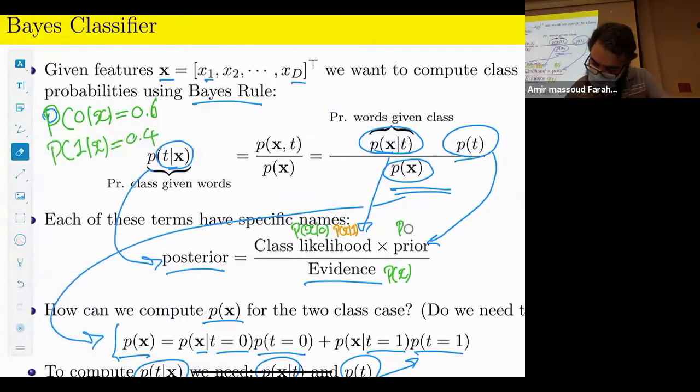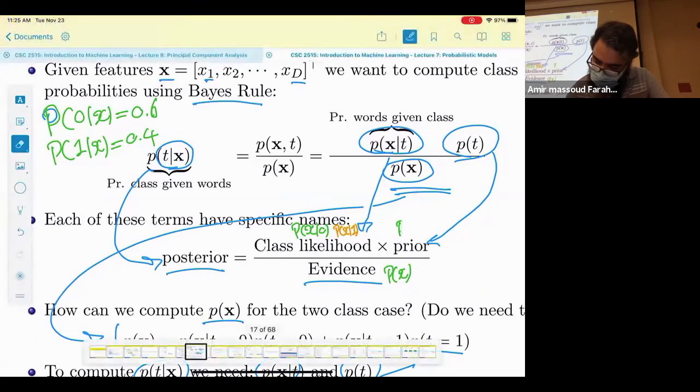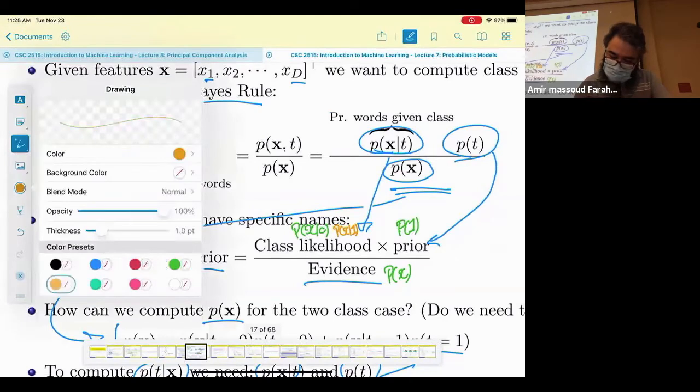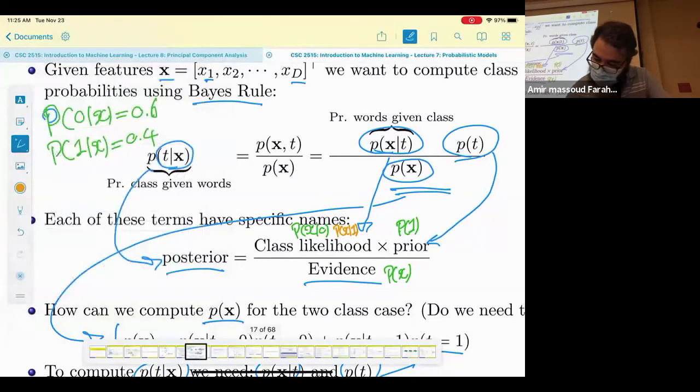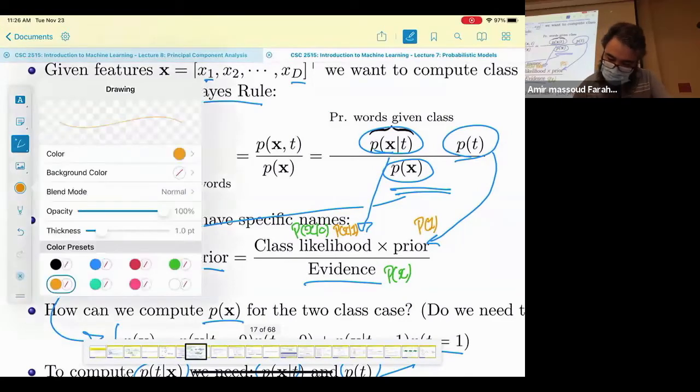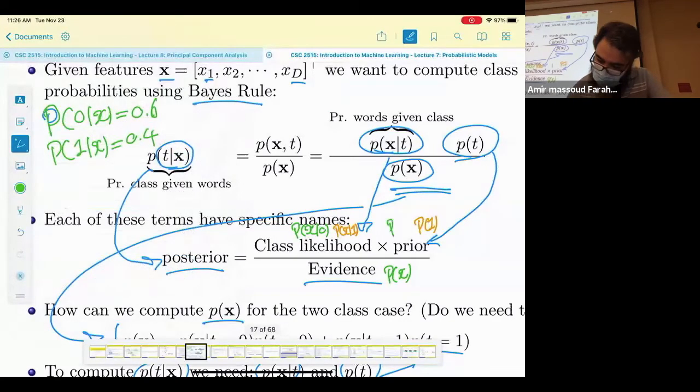So once you compute, you multiply the green things and divide by the green thing.